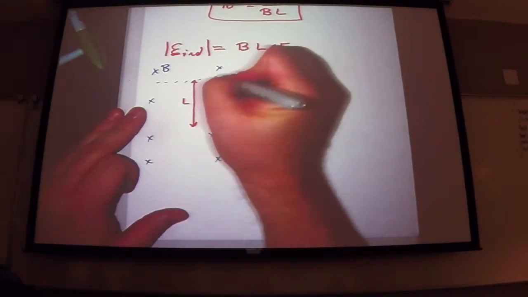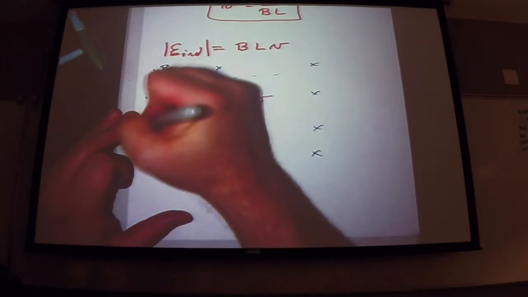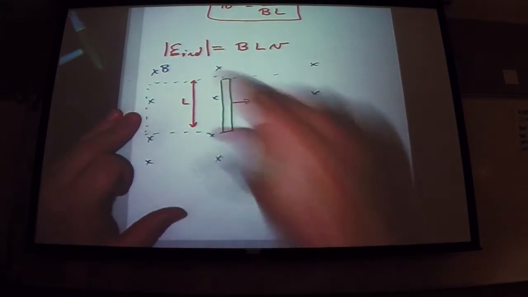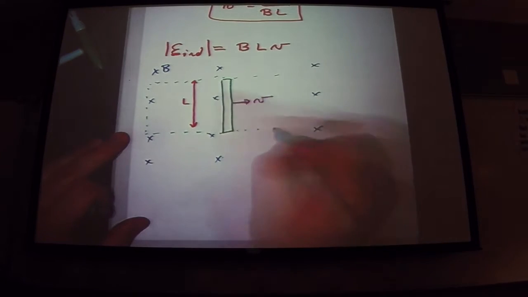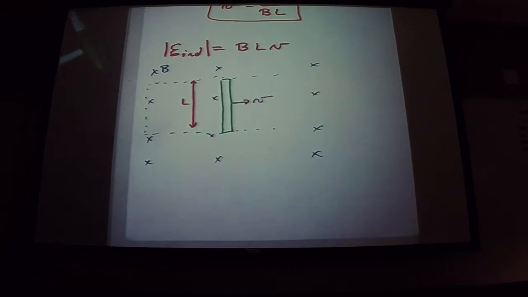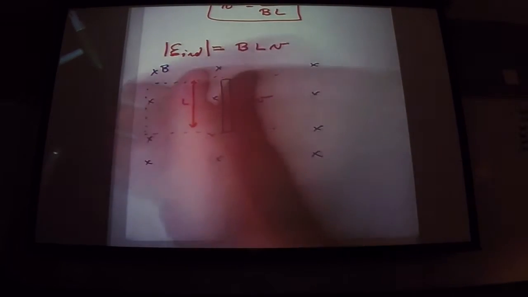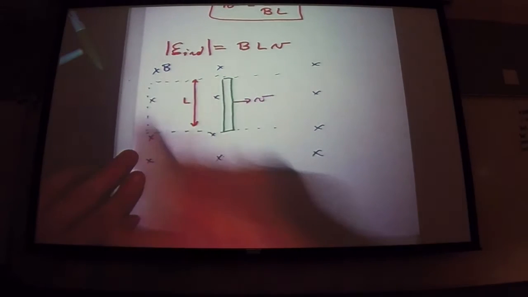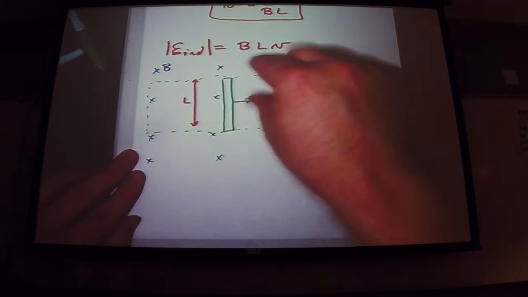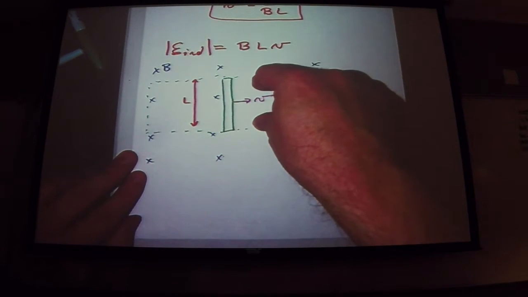Here's the loop. As this moves over with velocity v, the loop through which we're talking about the magnetic flux is going to increase. And because none of the voltage could be taken up by the nothing, all of the voltage must be in the rod itself.